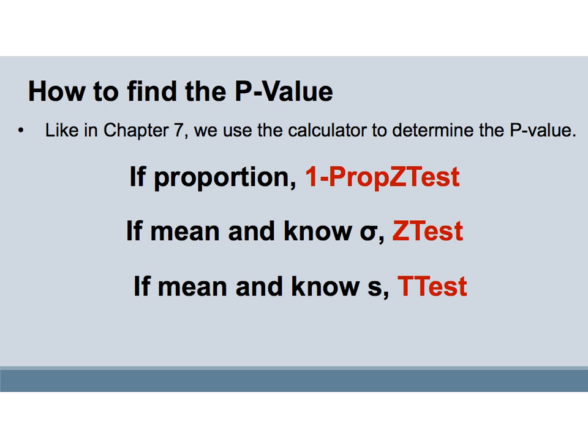And just like the intervals, they're the same reasons. If it's proportion, you want the one that says prop. If it's mean and you know sigma, you want the z-test. If it's mean and you only know s, you want the t-test. So that's exactly same rules as it was before for confidence intervals. Just we're doing hypothesis tests now.